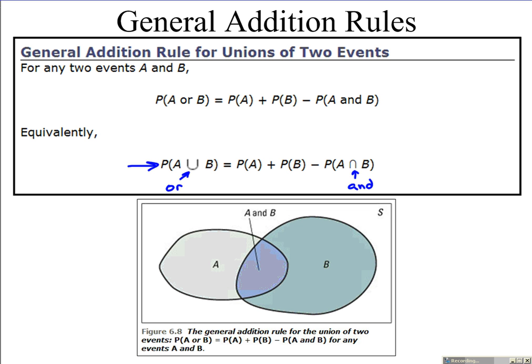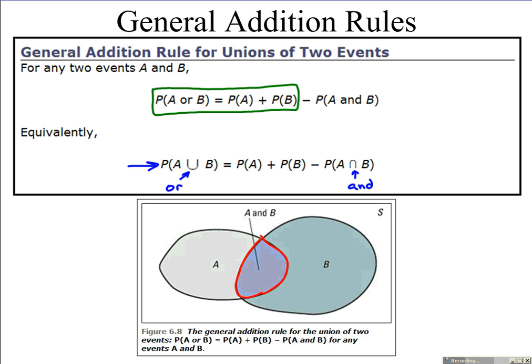Our Venn diagram gives us a better description of what this is telling us is going on. So again, the rectangle here down at the bottom represents our entire sample space. We have event A and event B, and we see that we have an overlap. There are some things that happen in A and B. So when we go to find the probability of A or B, if I stop right here and I simply add the probability of A plus the probability of B, everything in this middle section right here is being double counted.